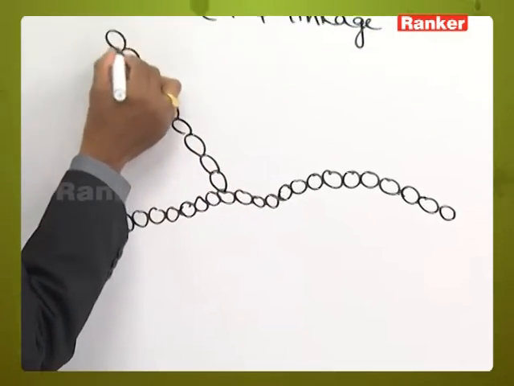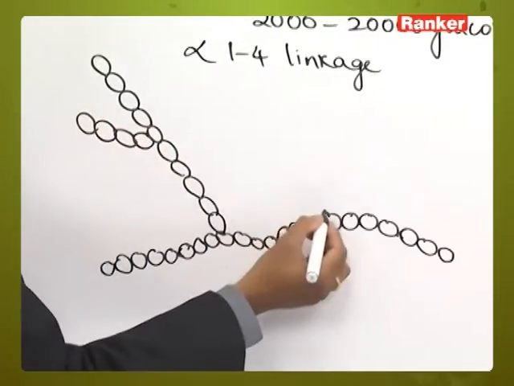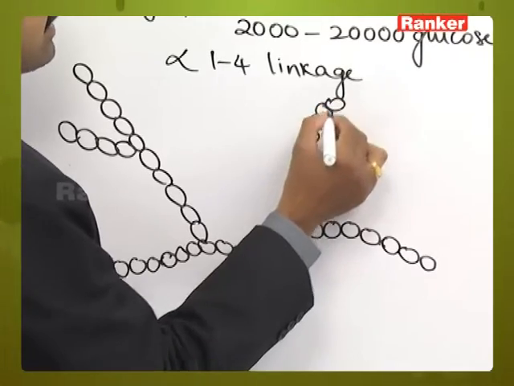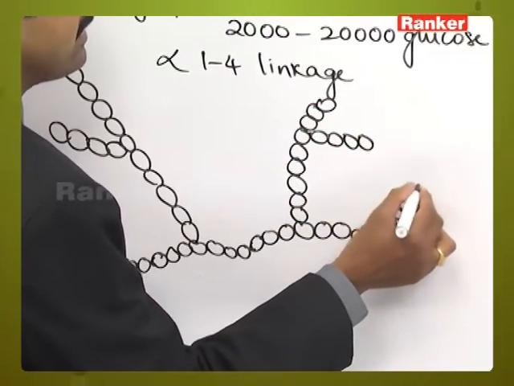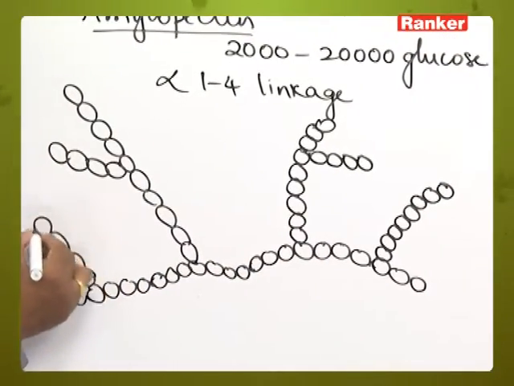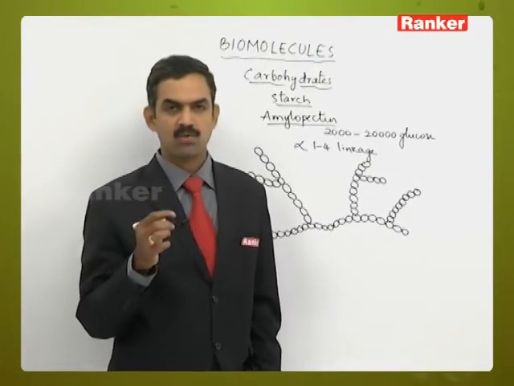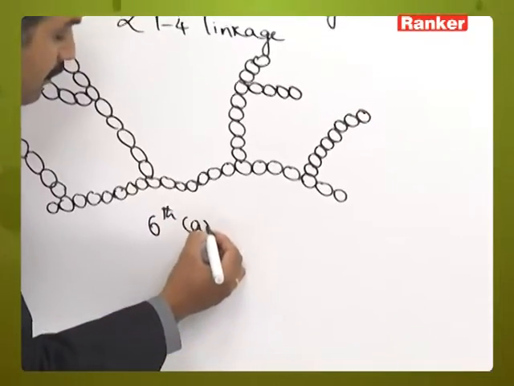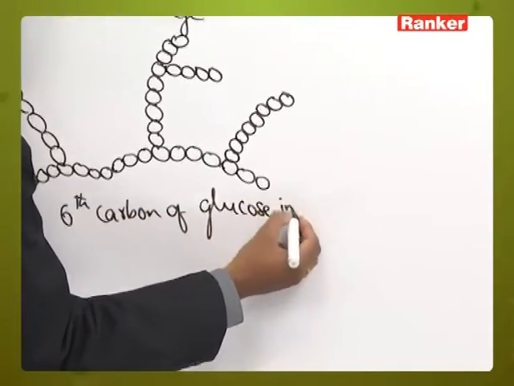The side chains are also formed by the same glucose molecules, and wherever the side chains are present, that side chain forms a linkage called alpha 1,6 linkage. What does this 1,6 linkage mean? The glycosidic bond is formed between the sixth carbon of glucose in the straight chain.